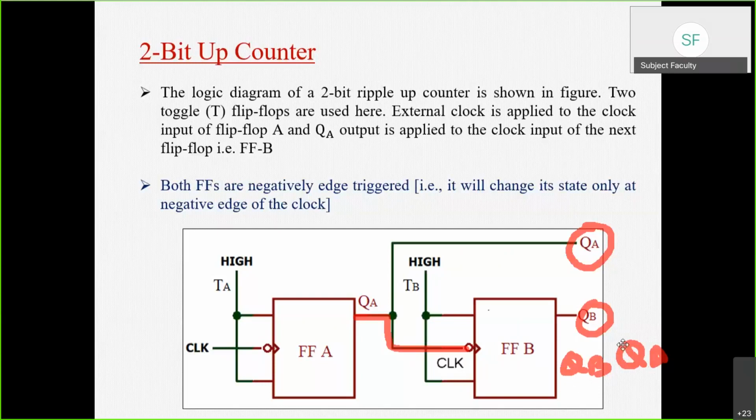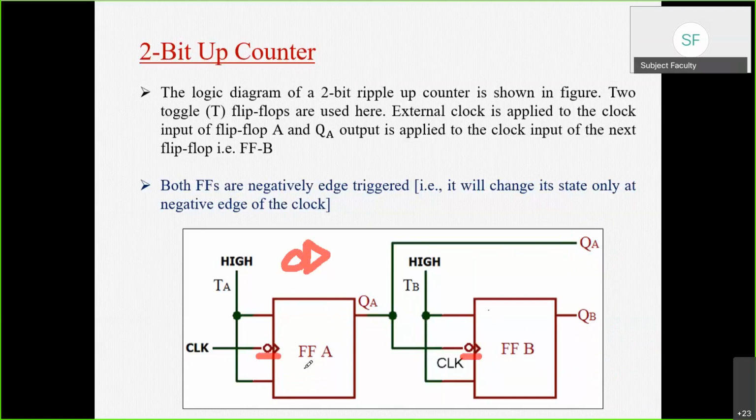Another important thing, if you have observed this diagram carefully, is that there is a circle. If it is only like this, then it is a simple clock, and if the circle is there, this is the difference. You might have observed this.